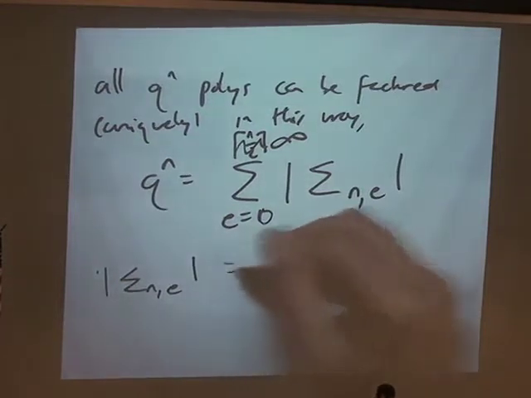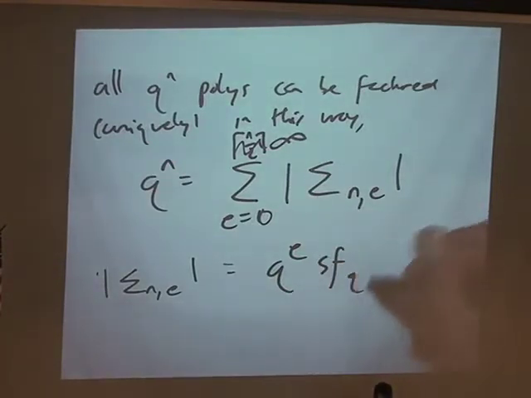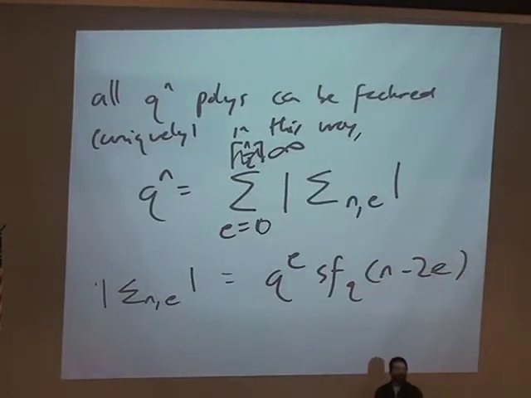So you have this times the value of our mystery function at n minus 2e, and then it's an easy induction to compute the value of sf_q of n from this.